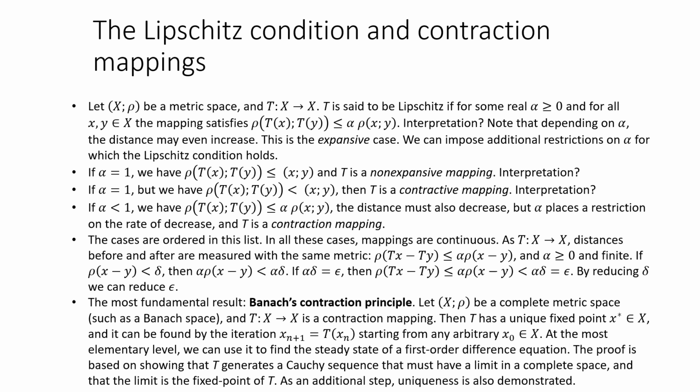According to Banach's contraction principle, the mapping has a unique fixed point in the space, and most importantly, we can find it by iteration on the mapping. So in successive steps, we have the hope of finding the unique fixed point of the mapping, and most importantly, starting from any arbitrary point in the space.